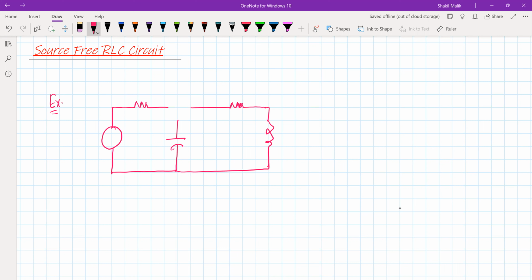Let's suppose there is a switch which is connected to position A, and here is position B. Let's suppose the switch was connected to this, and at t equal to 0, it is moved from position A to position B. In other words, the switch was connected there for a long time. Let's suppose this is 1 volt. Very simple example. So this is 2 ohm.